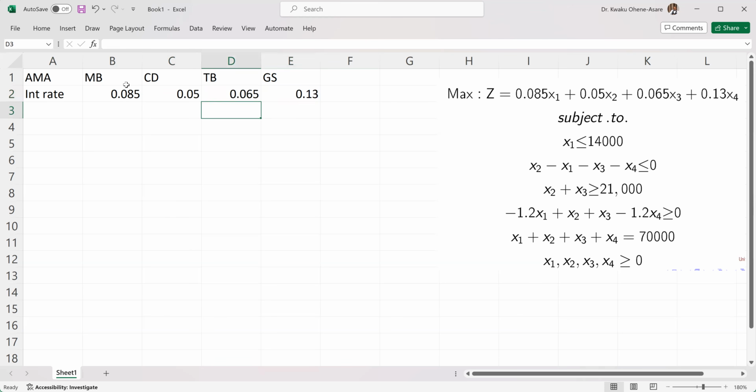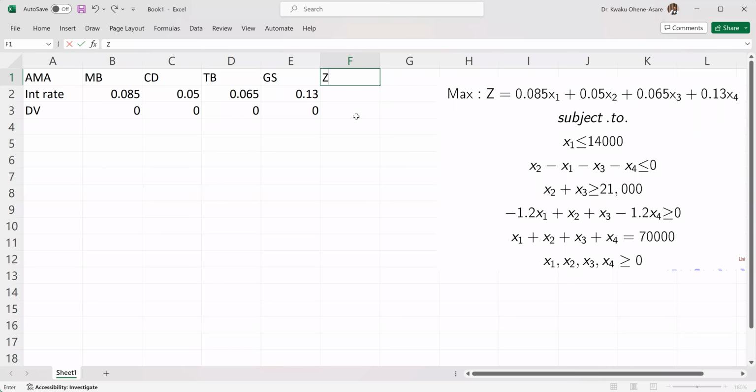So these were the coefficients. Then the other bit was the amount invested, which is a decision variable. I'm going to call it decision variable. We initialize the values to 0, 0, 0, 0, because we don't know the values for now. And then on the far right here is our Z value, which we'd call total return, TR.